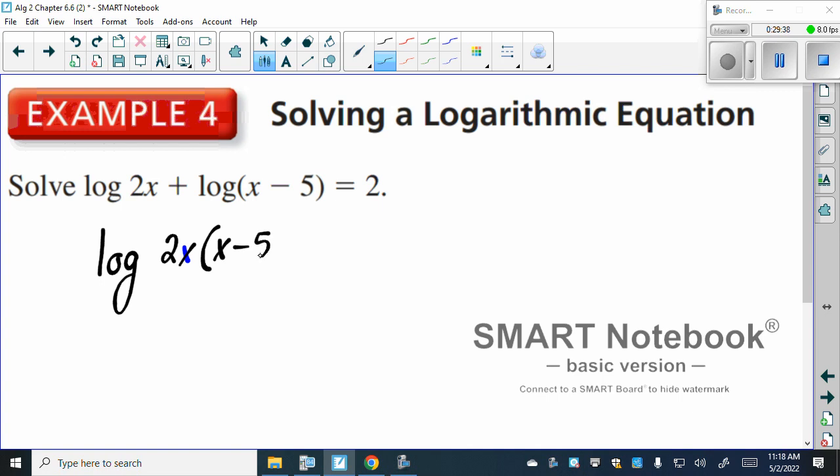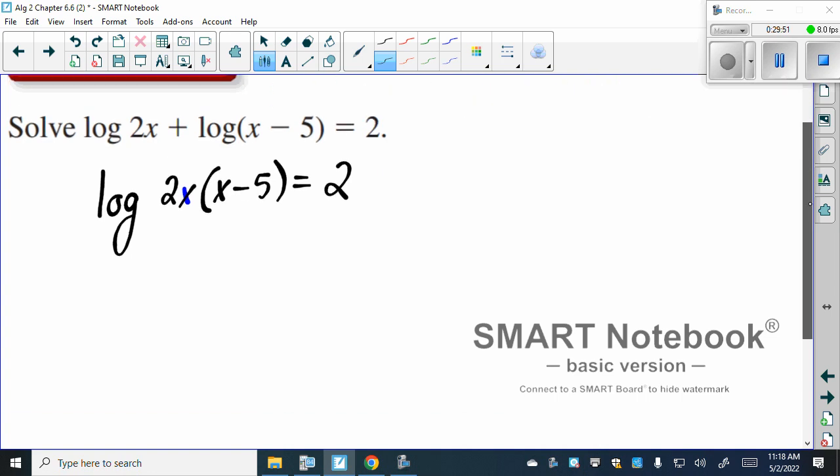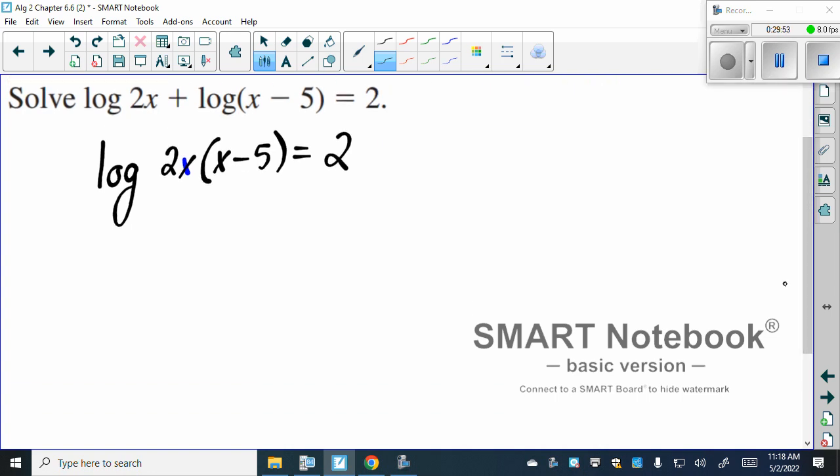Multiplied together. So we can rewrite log of 2x plus log of x minus 5 as log of 2x times x minus 5. So if I have 2 of the same logs being added together, we can rewrite it as one logarithm with what's inside being multiplied.